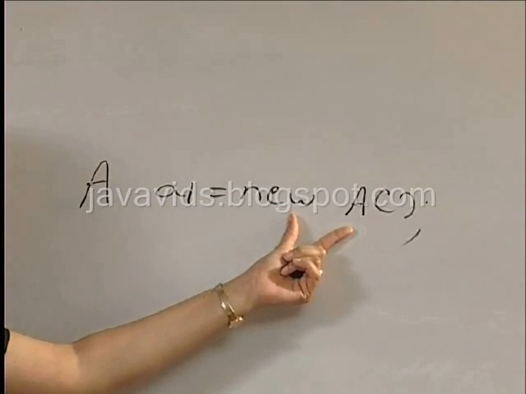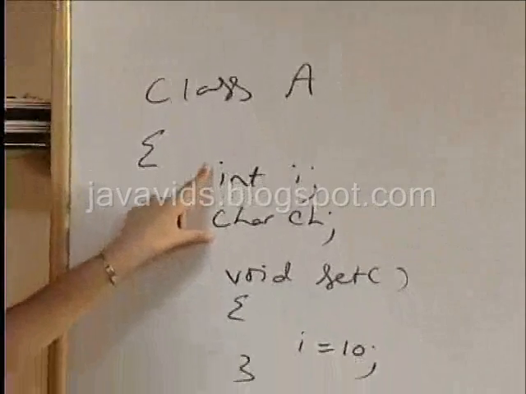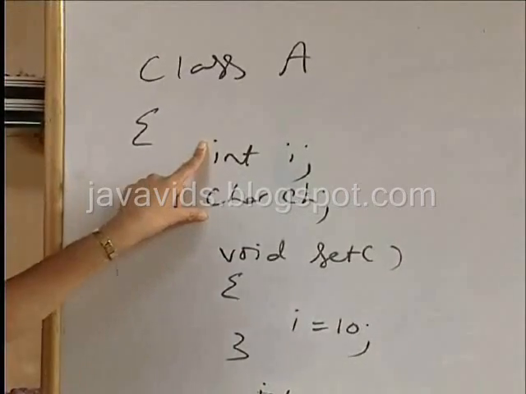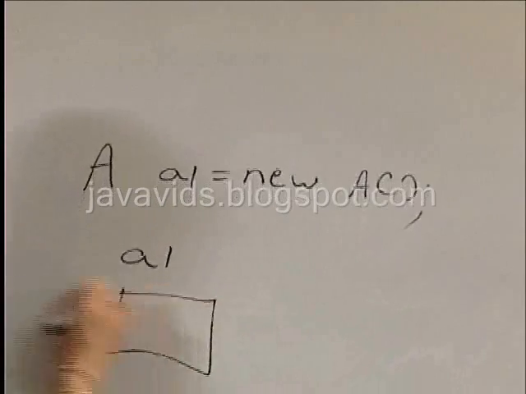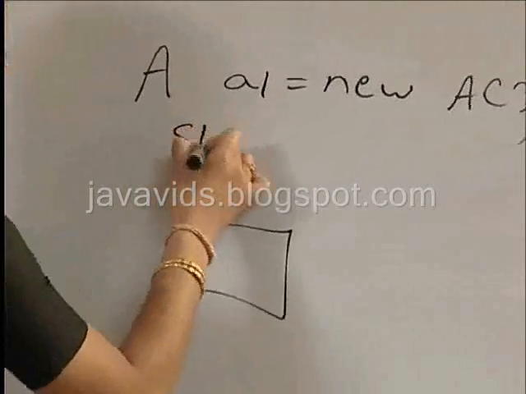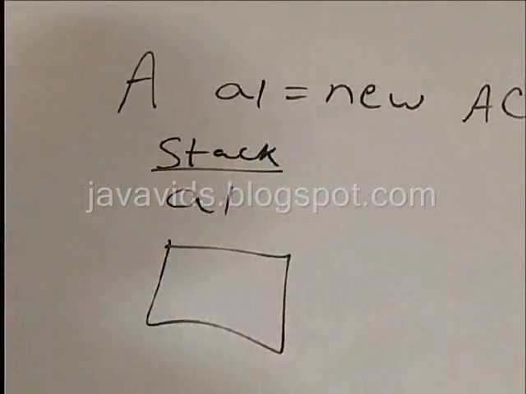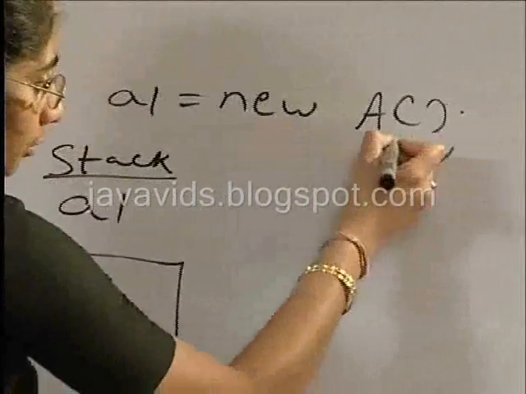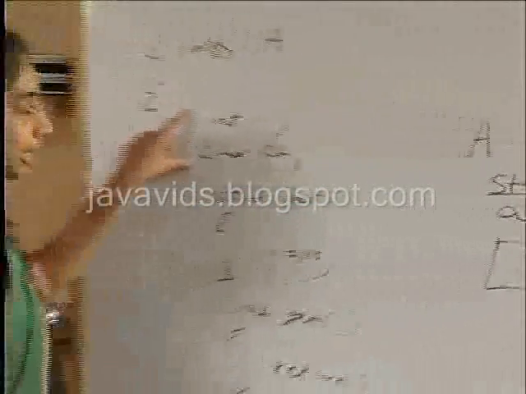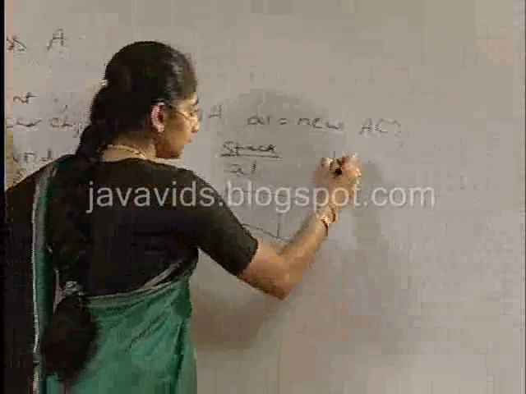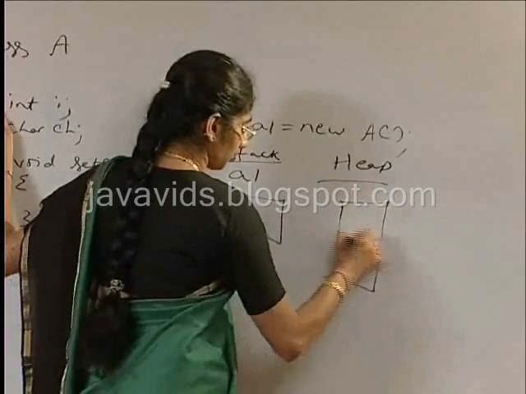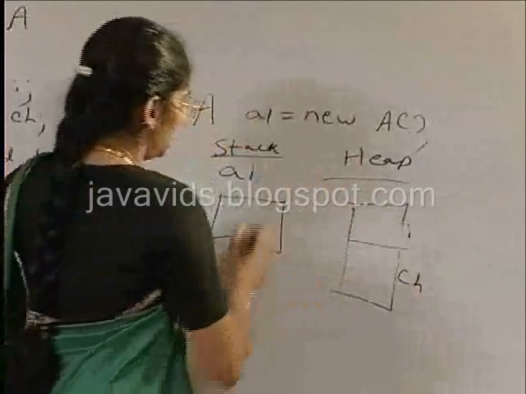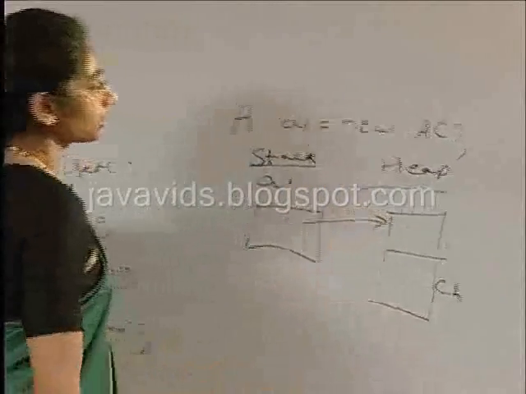When you create an instance of a class, memory is allocated for the variables that are defined in the class. So this A1 gets a memory on what is called the stack. When you say new A, memory is allocated for these variables on the heap memory, and this A1 would be pointing to this heap memory.